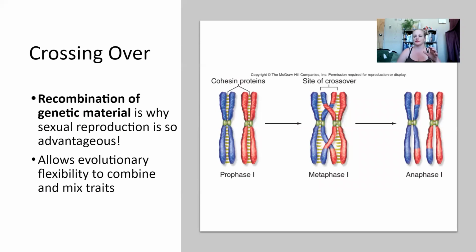Having that genetic variability gives natural selection variability to play with. If we all had the same traits and the environment changed so that we weren't suited to it, we would all die. But because we're all a little bit different, some might work in the new environment. That's why we see sex: it's really useful in making sure our genes get passed on, even if not 100% of them, some of our genes make it to the next generation.